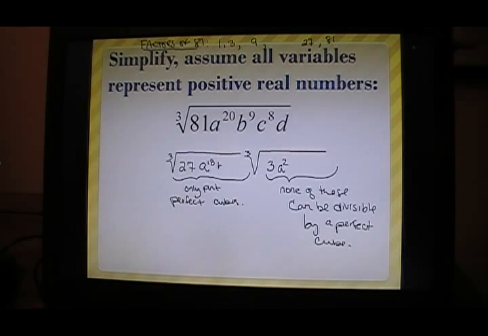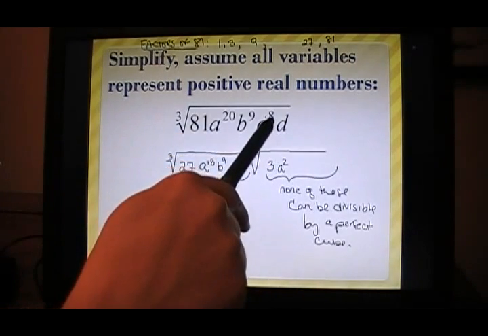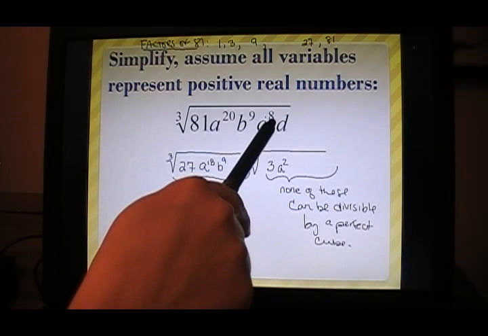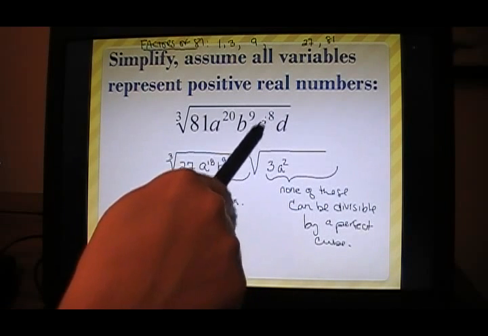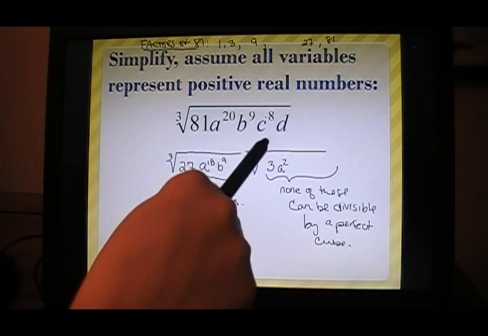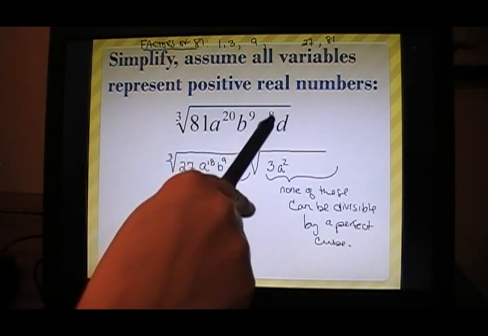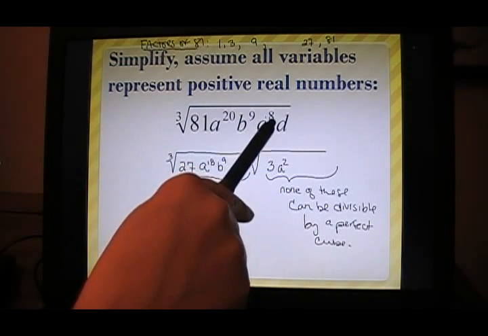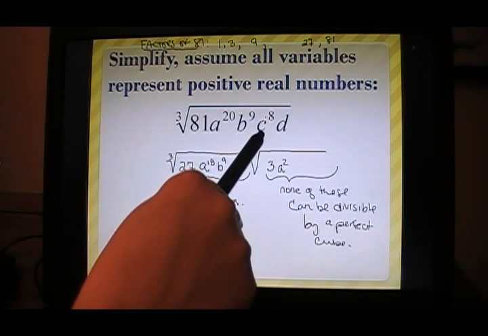B to the 9th is a perfect cube, so it goes here. C to the 8th is not a perfect cube. And this is something that really messes with people. Yes, the number 8 is a perfect cube, but c to the 8th is not. When you're dealing with an exponential expression, the power has to be divisible by 3 for that to be a perfect cube.